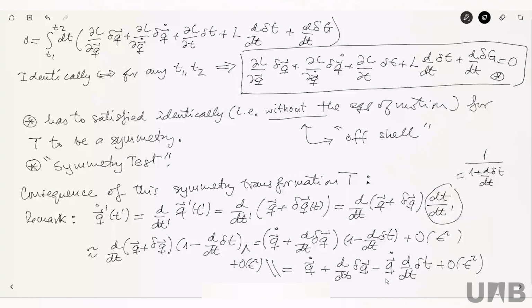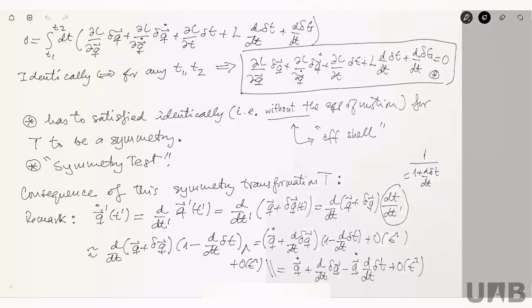That's the expansion to first order in the variation epsilon, okay? So now I compare Q prime dot at T prime with Q dot, okay? So I write it again, so that I have q prime dot at t prime, that is q dot plus derivative with respect to time of delta q minus q dot derivative with respect to time of delta t plus order epsilon squared.